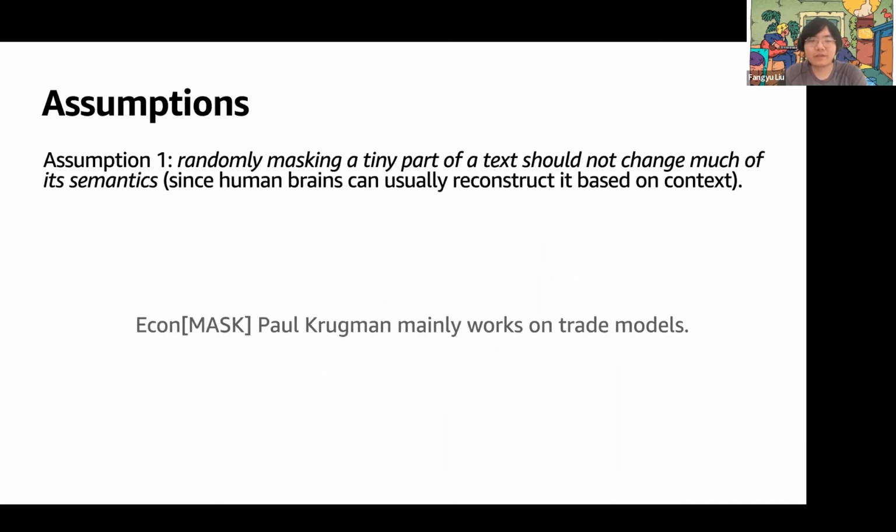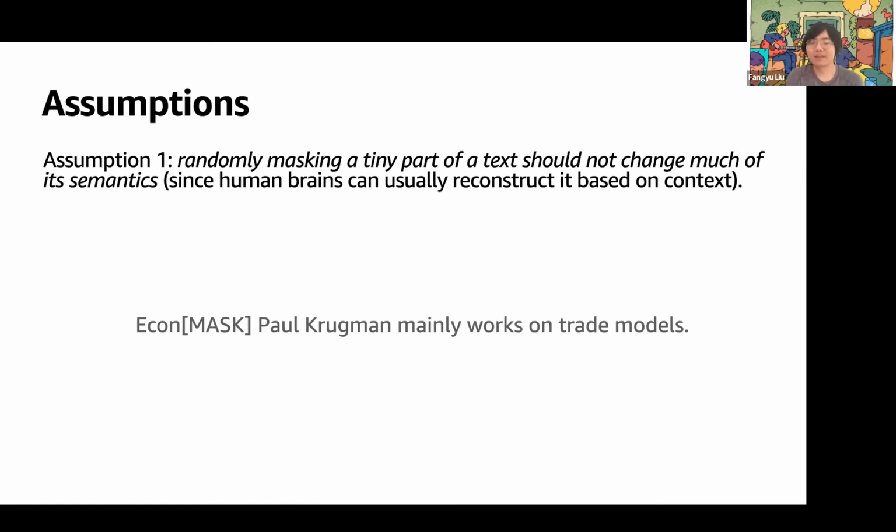So here are our assumptions. First, we assume that if we randomly mask just a tiny part of a given text, this should not change the semantics of the text by too much. Because for human brains, we can easily reconstruct a corrupted text based on its context.